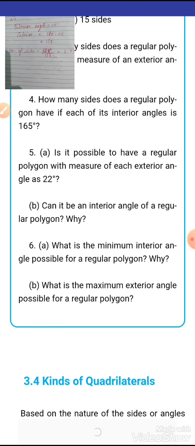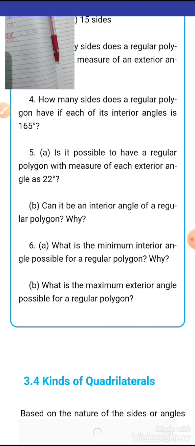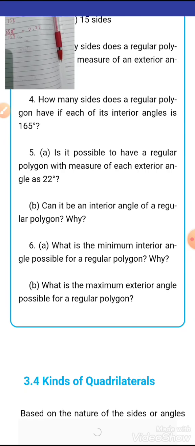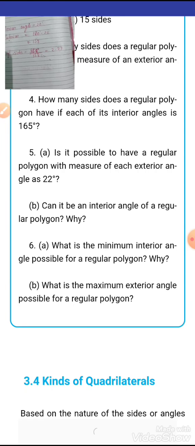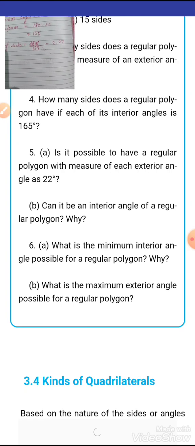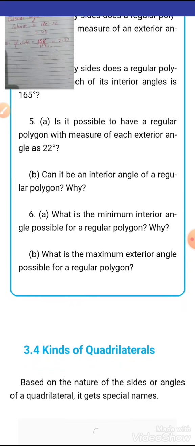After finding the exterior angle, we apply the formula number of sides is equal to 360 divided by the exterior angle and we obtain our answer 2.27. Here again our answer is in decimal form, and sides cannot be a fraction, so it is not possible to have a regular polygon with each interior angle as 22 degrees. Now move to our question number 6.